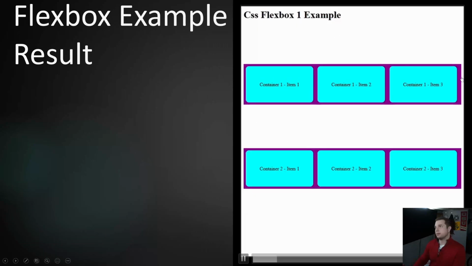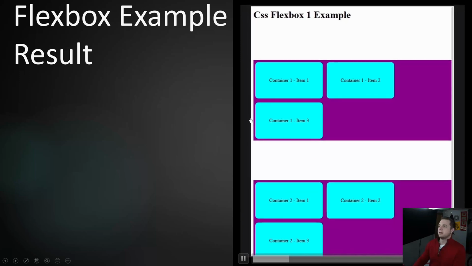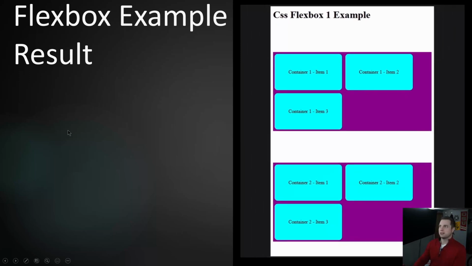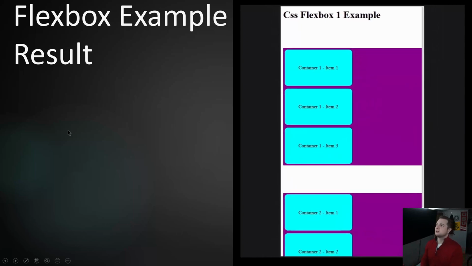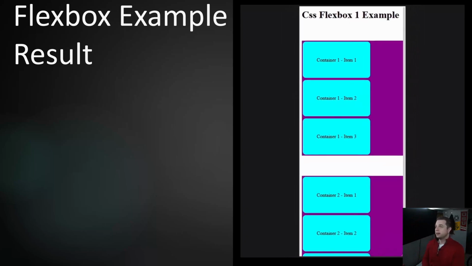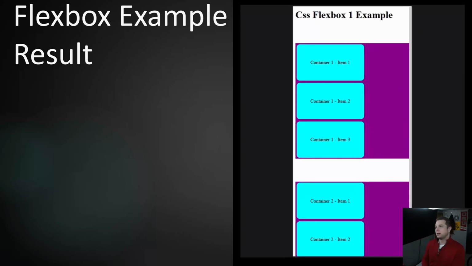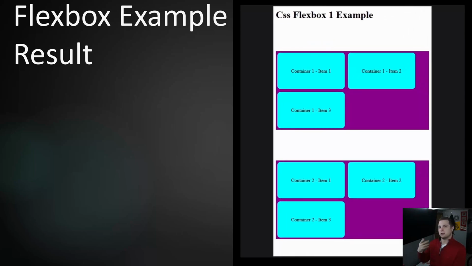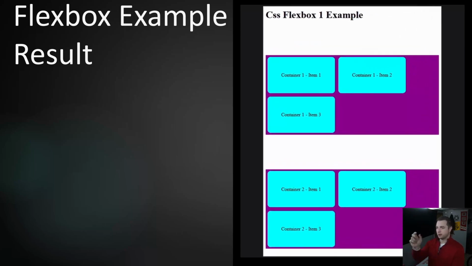We have our magenta background, we have our container items, and the magenta is the container itself. So as the container is getting smaller, as soon as you run out of room, wrap that item, or wrap that child down so it can fit. And then it's going to go back up. As soon as there's room to go back on that row, it's going to pop back up.